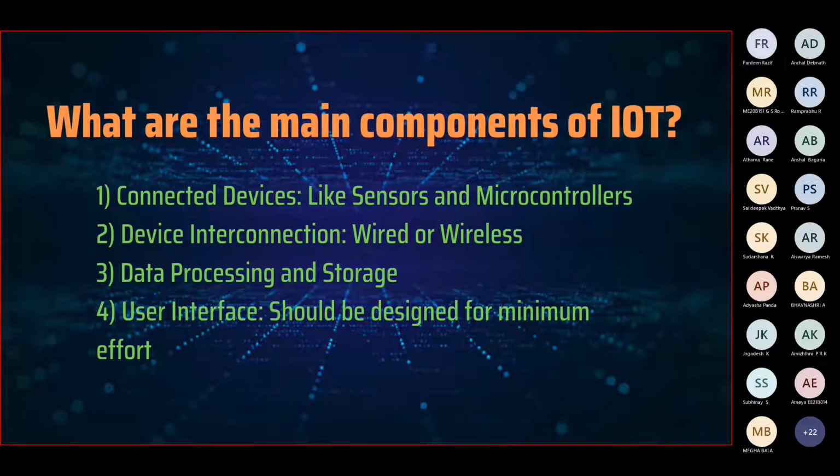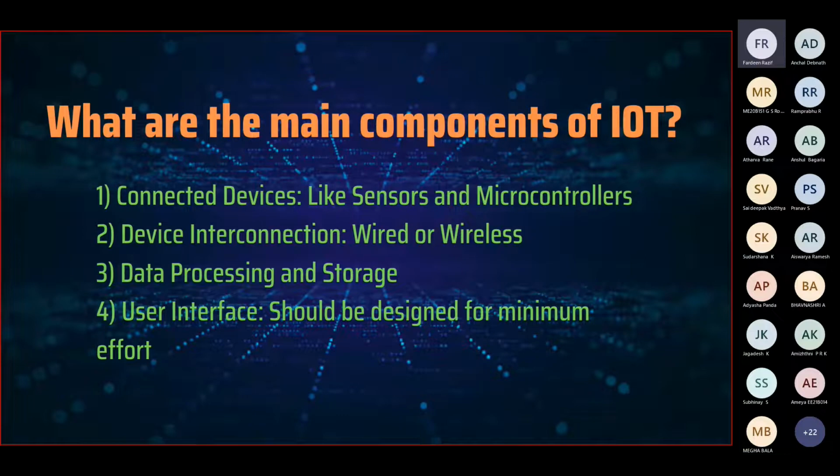We used a temperature sensor and a microcontroller. These were the two devices in that IoT system, and these two devices were communicating with each other and transmitting data. That was the small scale version of an IoT device.